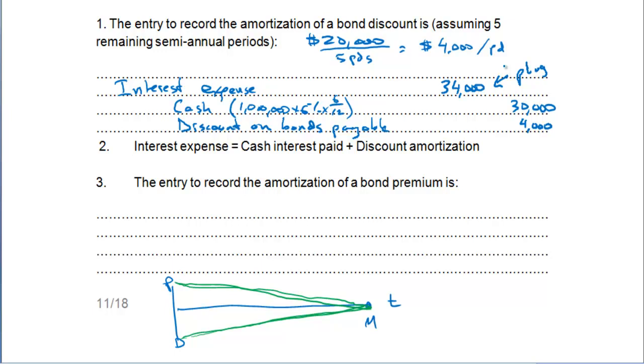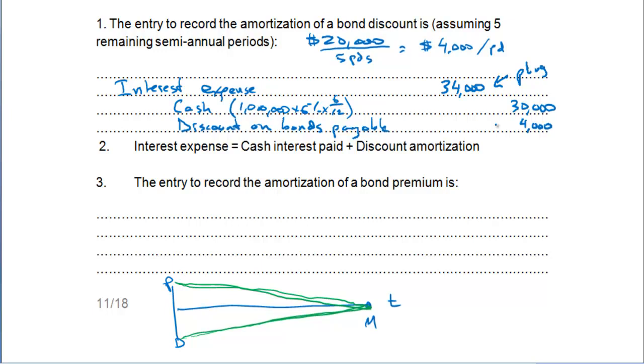In other words, the price of the bond had to come down so that over the life of the bond, the bondholder achieves the market rate of interest. And so this interest expense over the life of the bond reflects the market rate. Right? So the cash payment is fixed, but the actual market rate of interest, and therefore the expense that the corporation records, is reflective of the fact that there was a discount involved at the time of issue.